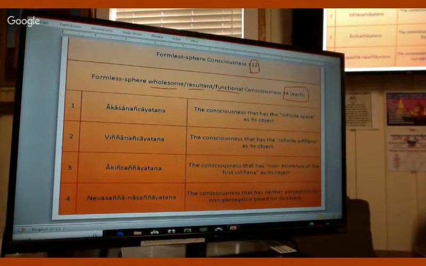So number 1, Akasanancayatana Chitta. Akasanancayatana has infinite space as its object. So that object is not reality. This is panyati. Panyati also has many different kinds. That kind of panyati is connected with the kasina.